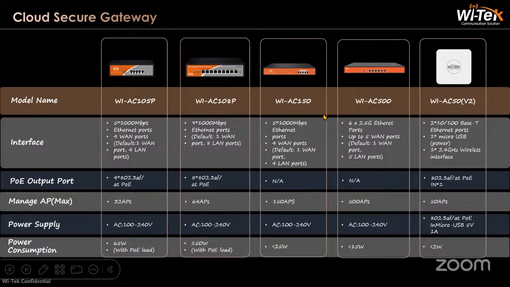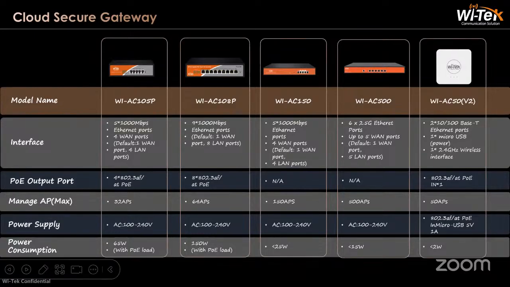If the customer has higher requirements, you can use the Wi-Tek 150 and 500. These two are suited to higher requirements, because they can manage 150 access points or 500 access points, very suitable for a bigger hotel or a 5-star hotel.